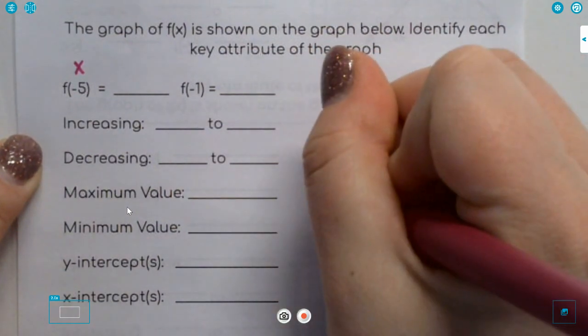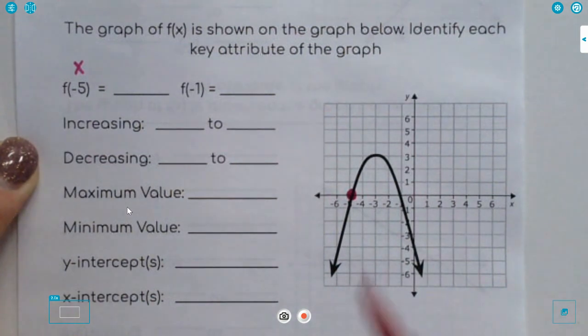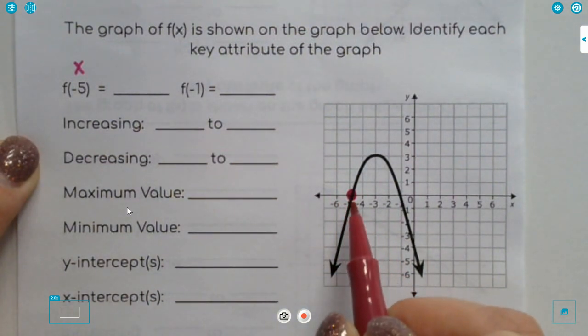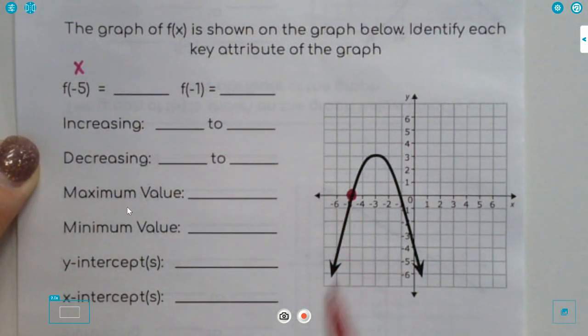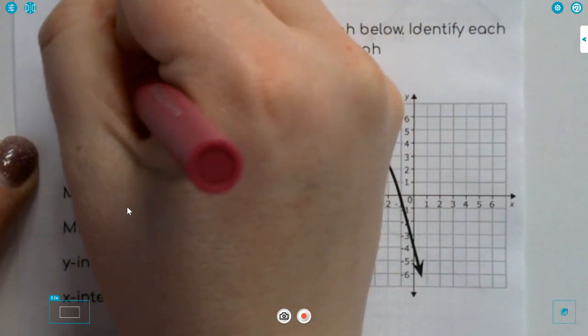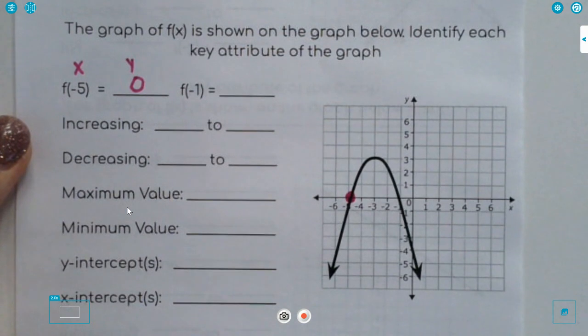I'm going to put a dot there. And it's a little off, but we're going to say it's right on the axis there. We're going to say that my corresponding y value is 0. So f of -5 is 0.